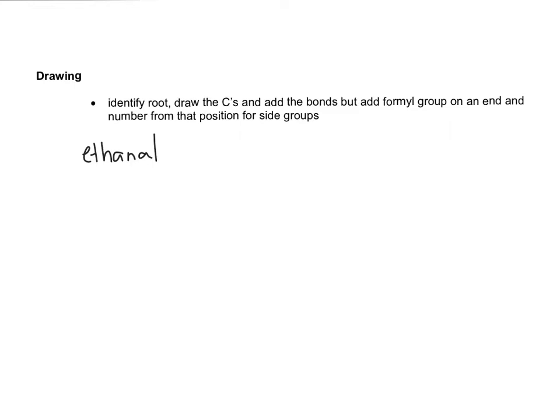Your root is ethan, so you've got 2 carbons. There's no side group, so you just put on your hydrogens along with your functional group, C double bond OH. So this is ethanal. You could show the bond between the carbon and the hydrogen. I just chose not to.